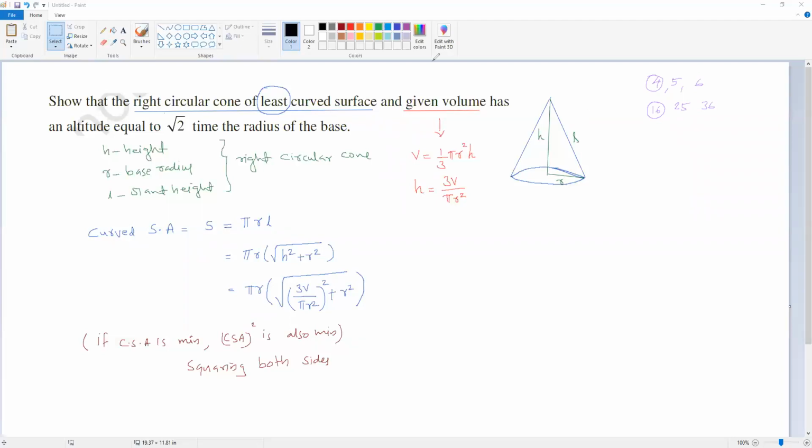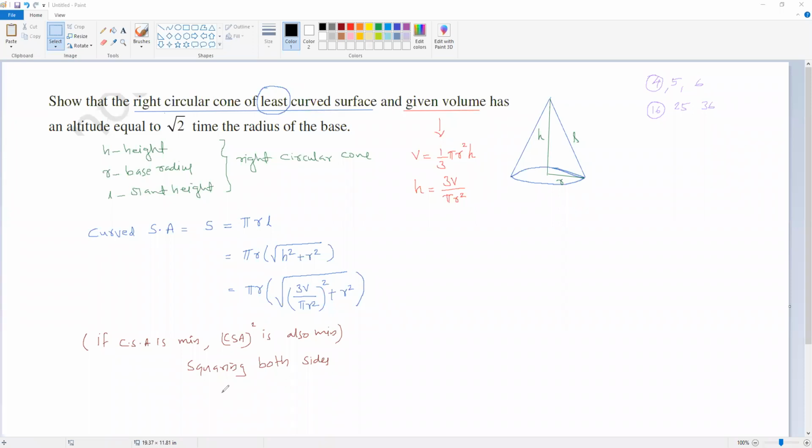So that idea we are using just to avoid the square root symbol, because with square roots, differentiating would become a time-taking process. So if curved surface area is minimum, its square is also minimum, so just square both sides.